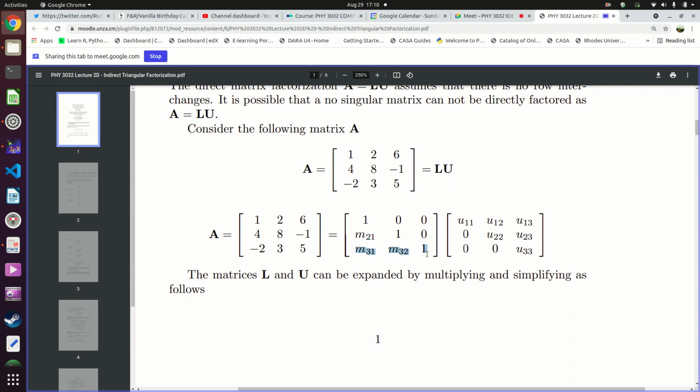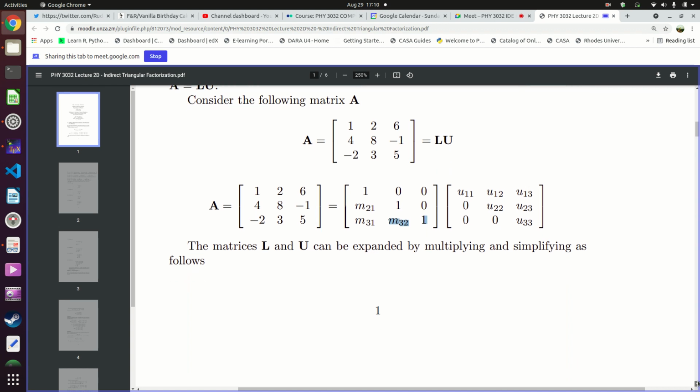Then we multiply the third row times the first column, like that. So we'll get stuff here. We'll multiply the third row times the second column, we'll get stuff which is supposed to be here. We'll multiply the third row times the last column, we're going to get stuff which is supposed to be there.